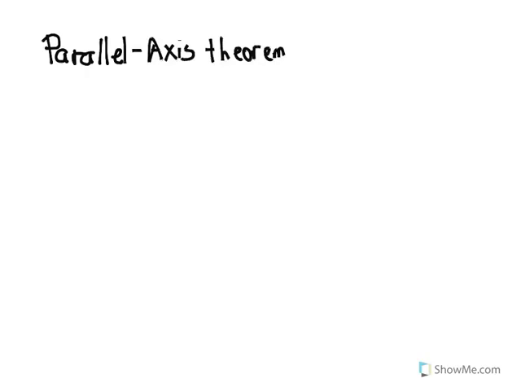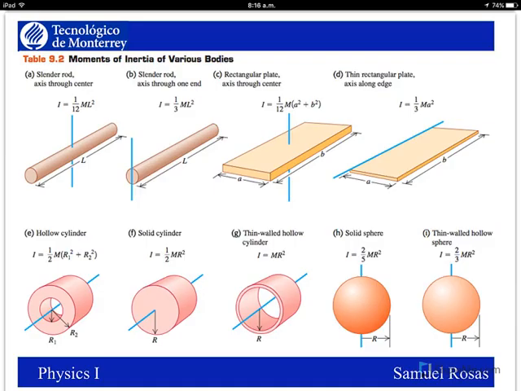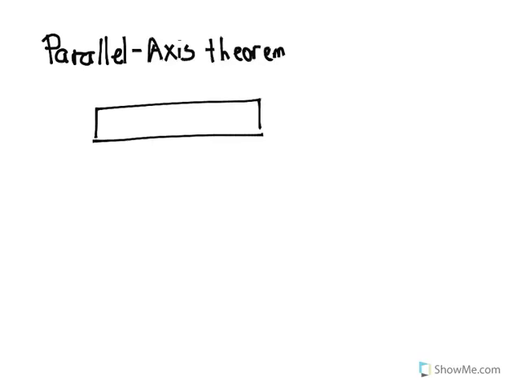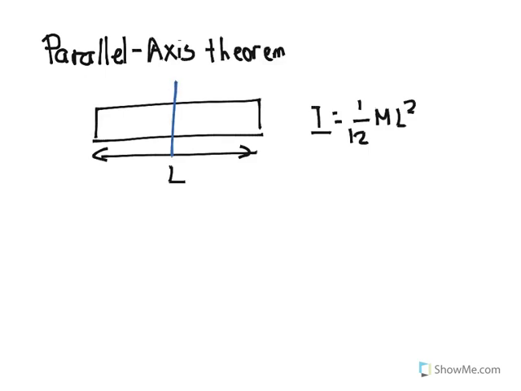So first things first. Now imagine that you have a bar, and according to the table, if the bar is rotating at its center of mass, then the moment of inertia is 1/12 of mass times length squared. So this has length L, and its moment of inertia is 1/12 mL squared if this is rotating at the center of mass.